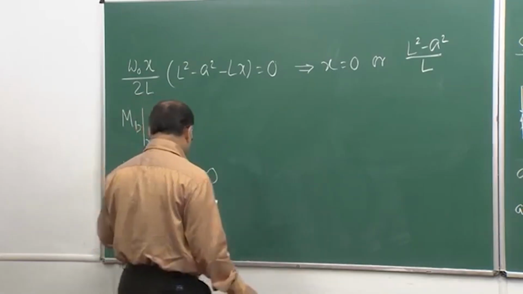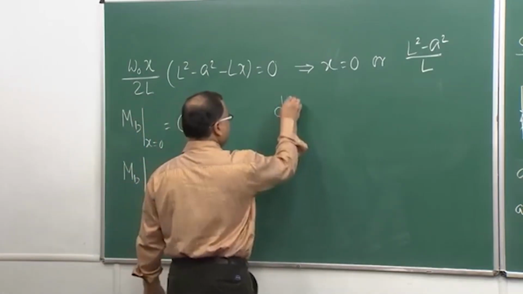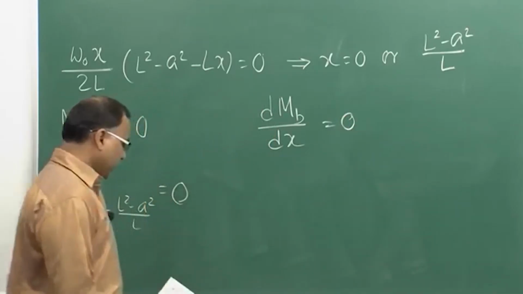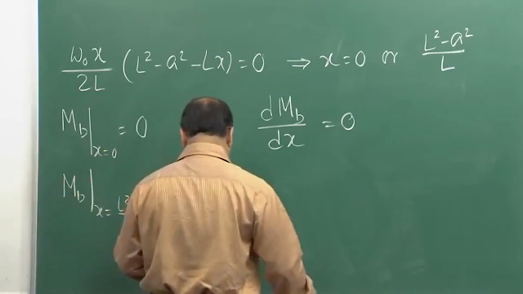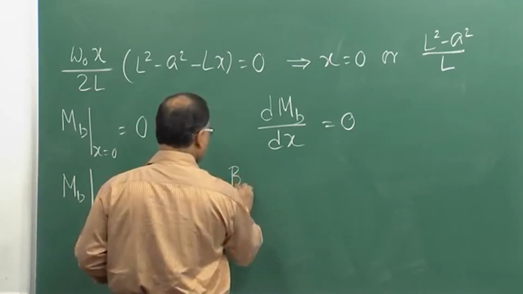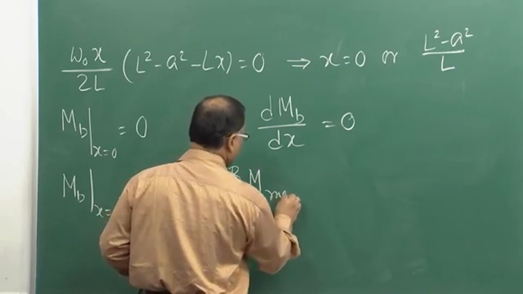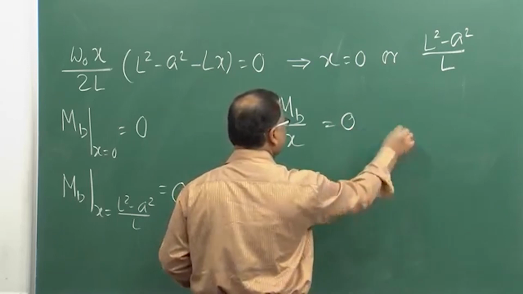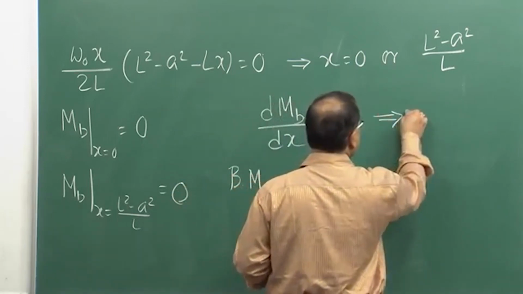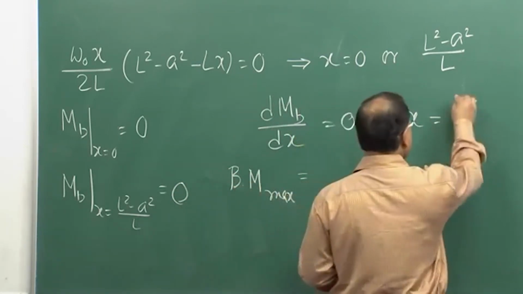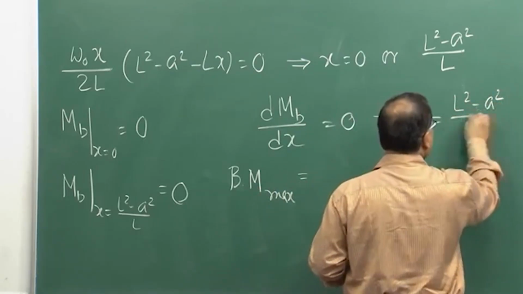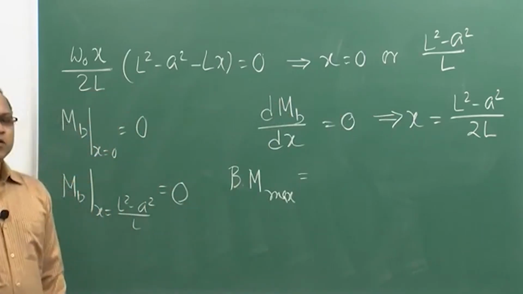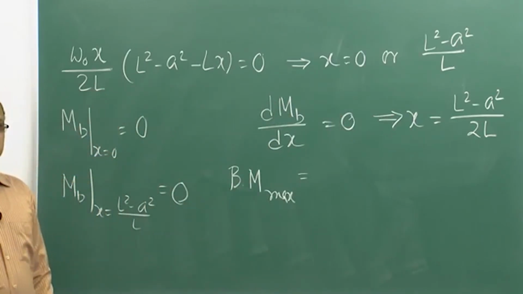So, if I want to find out that, as you know, to get that maximum bending moment, we take the derivative of that equation. If you do that, you will be getting x equal to (L square minus A square) by twice L. So, at that x value, basically your bending moment is becoming maximum.